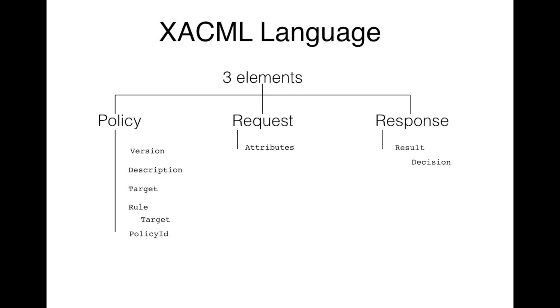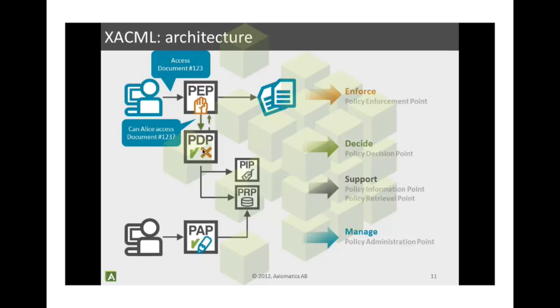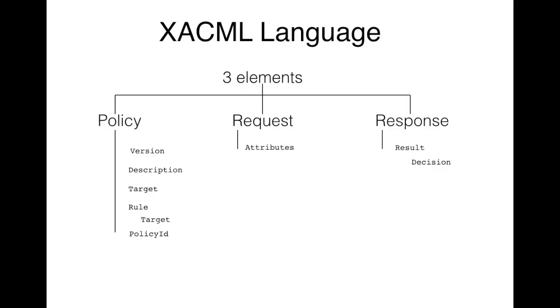Well, so there are three elements of the language: the policy, the request, and the response. Here, the request would be this one, the response would be this part, and the policy would be the one stored here, or the one that this administrator gives.